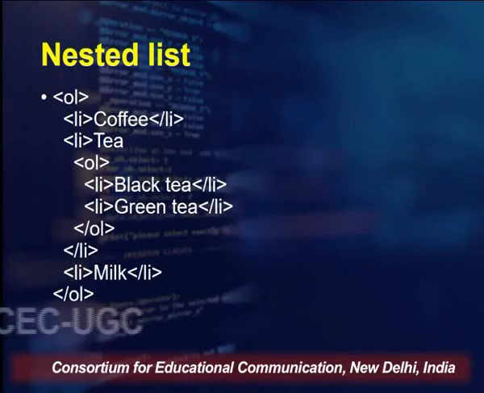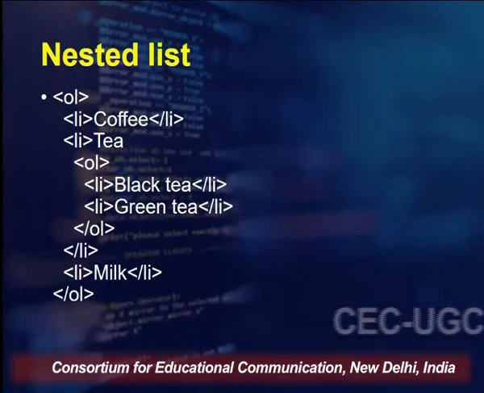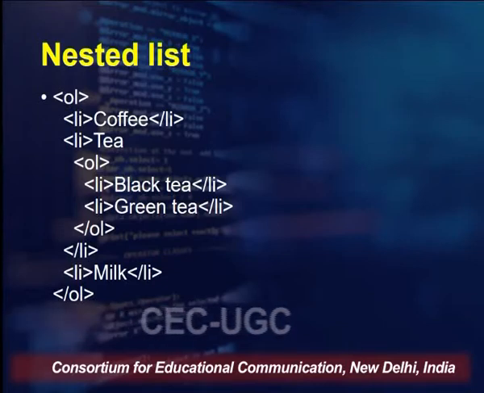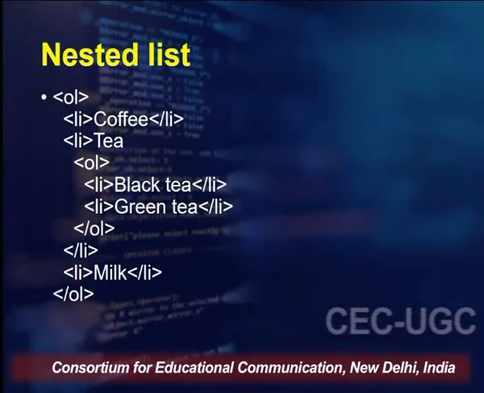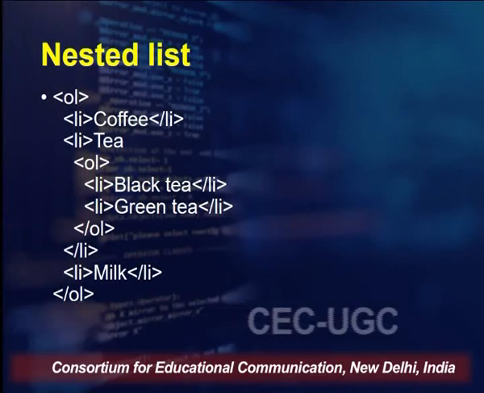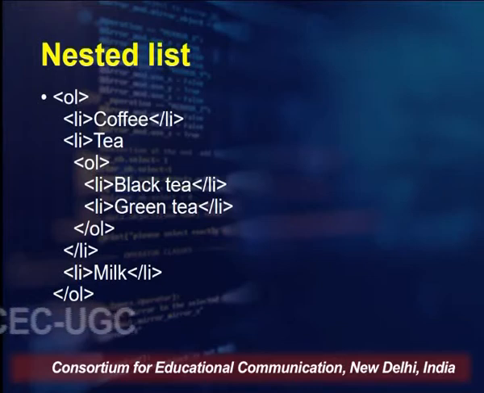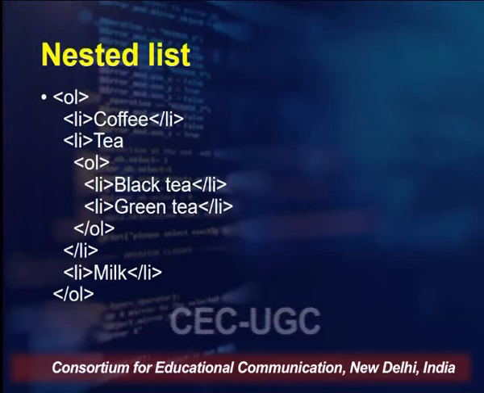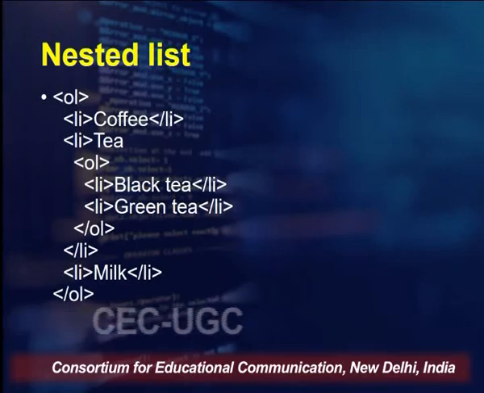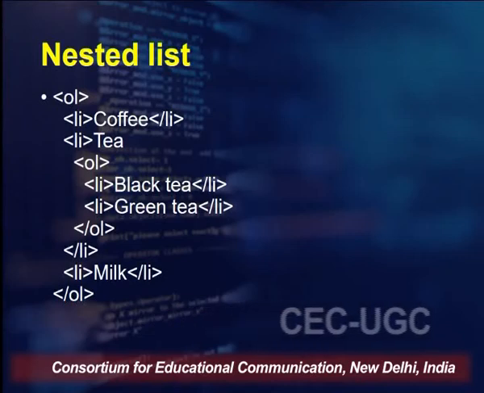Now this /LI corresponds to the closing list item tag of item number 2, which is tea. So what I am trying to emphasize here is we have opened the tea item, and we will not be closing the tea item unless we first write the sub list or the nested list. So within the opening of that particular list item you need to insert the whole code for the nested list, and only after that you need to close the LI tag.